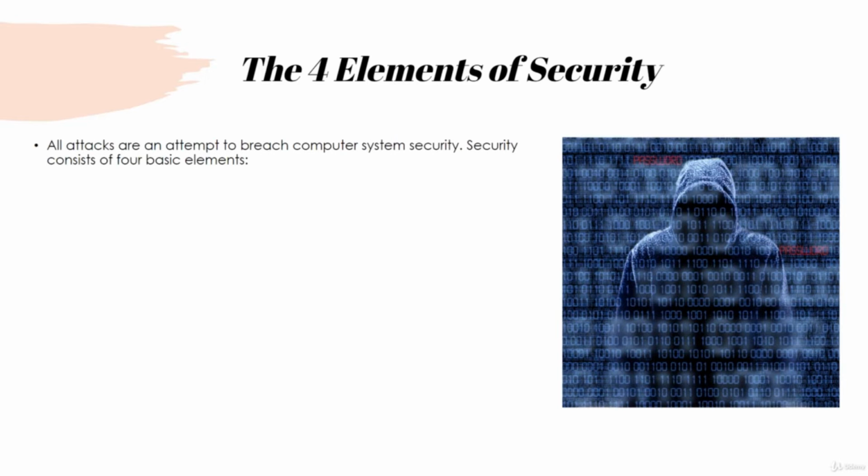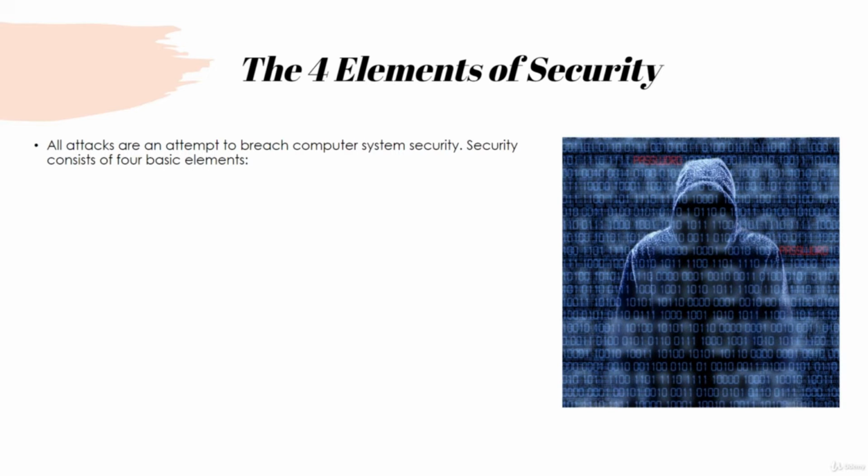So the first thing that you need to understand is that all attacks are an attempt to breach a computer's system security, and that security consists of these 4 basic elements. Now, here's the thing. A hacker's goal is always to exploit vulnerabilities in a system or network to find a specific weakness in one of these 4 elements of security.